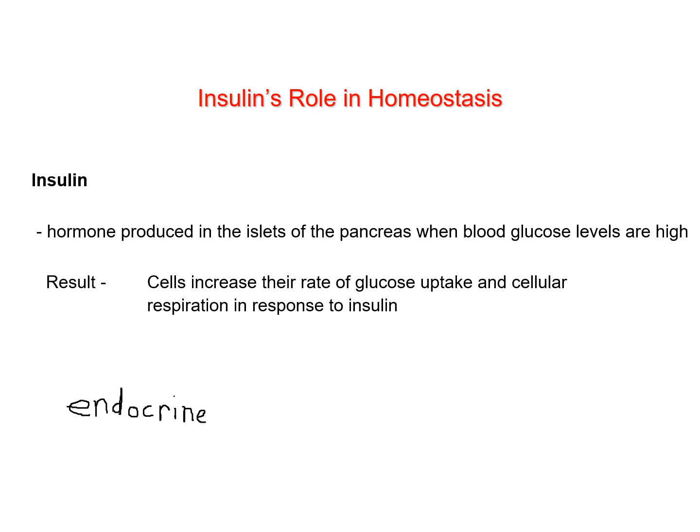So the exocrine part of the tissue in the pancreas is the part that produces the digestive enzymes that will be exported into the duodenum. Okay, I don't know of another example of an organ that has both endocrine and exocrine functions.